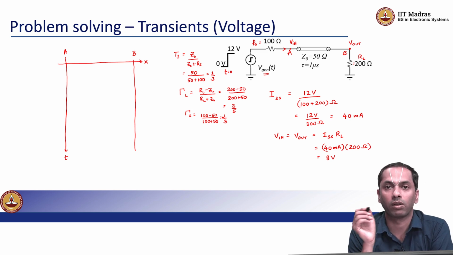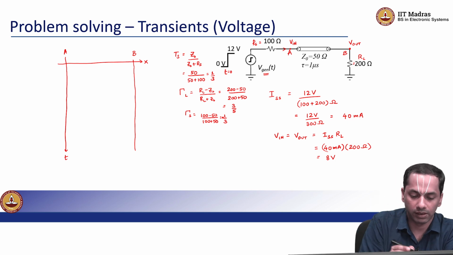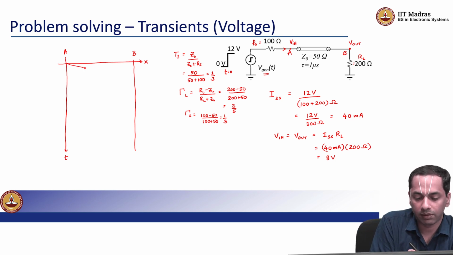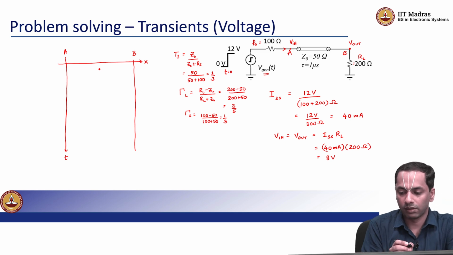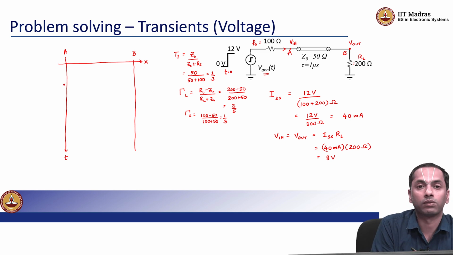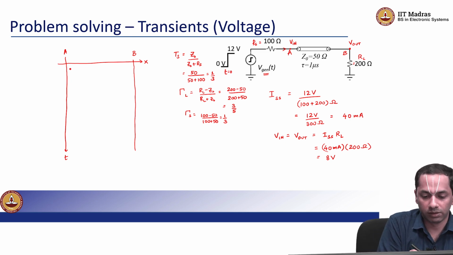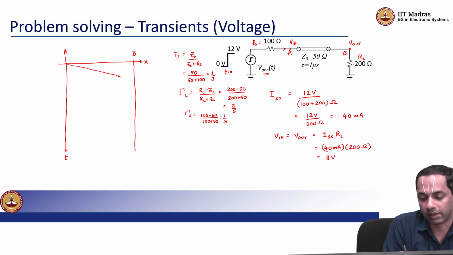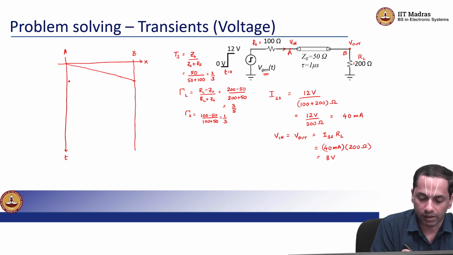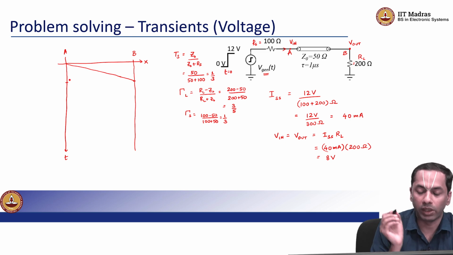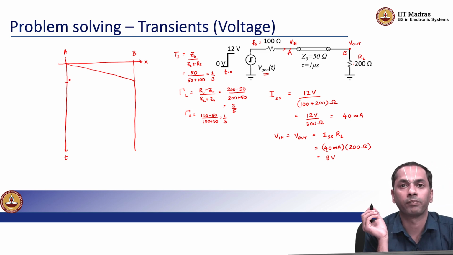We can actually draw the bounce diagrams. So, we have one-third of 12 volts, which is 4 volts, traveling in the forward direction. And when will it reach point B for the first time?